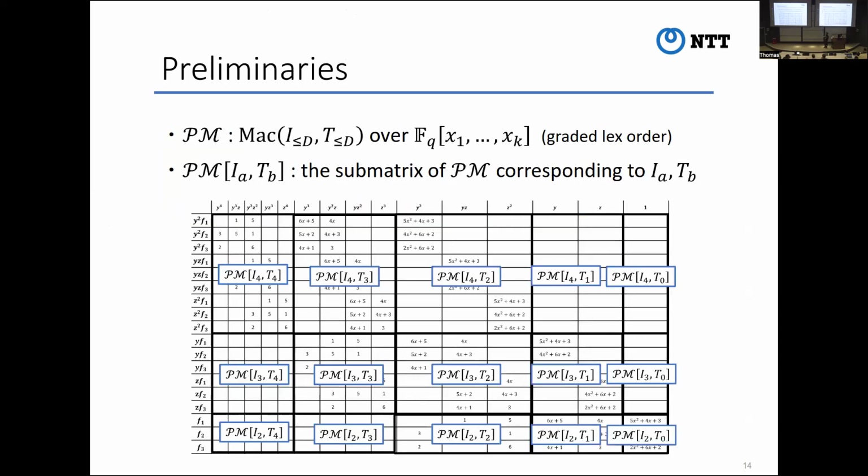And this PM denotes the Macaulay matrix with polynomials and monomials of degree lower than or equal to D over the polynomial ring S_q[x_1, ..., x_k]. And this PM_{I_a,T_b} denotes the submatrix of this PM corresponding to degree a polynomials and degree b monomials, like this.